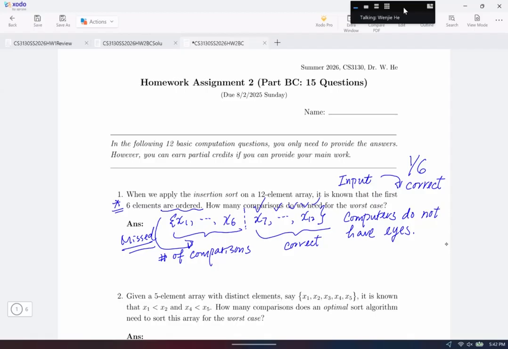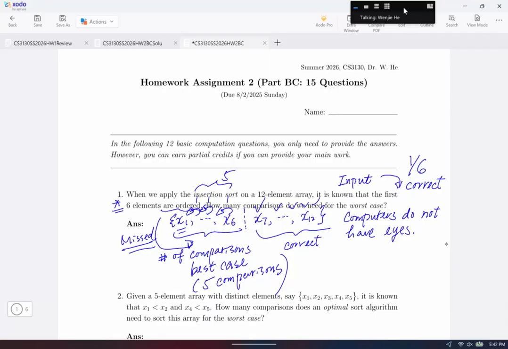That corresponds to the best case for the first 6 elements, but I still need 5 comparisons. The first element has no comparison, and for each next one you add 1, so you add 5 comparisons. You can do it faster, but you have to do it, right?